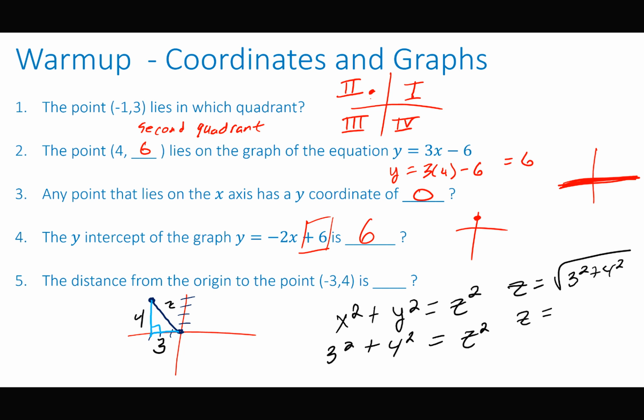What's 3 squared? What's 4 squared? What's the sum? What's the square root? So z, the distance, is 5 units. And a common right triangle is a 3, 4, 5 triangle. So this is finding distance with the Pythagorean theorem.